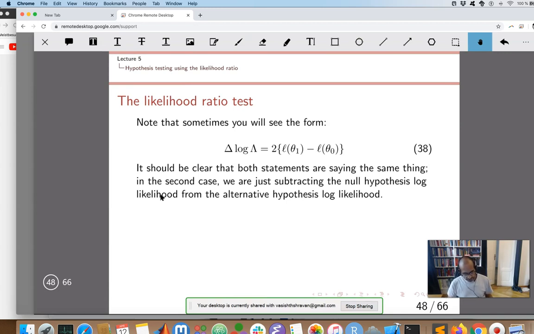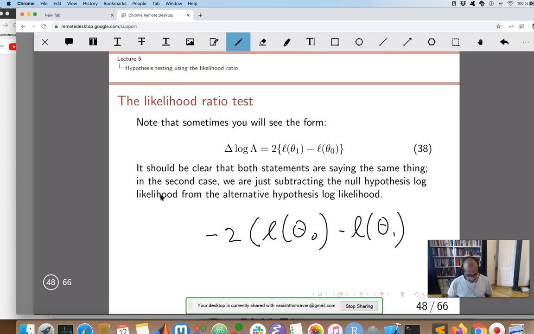So we have the likelihood ratio test now defined in terms of the log likelihood difference, right? And notice that instead of writing -2 times the log likelihood for theta 0 minus the log likelihood of theta 1, I could remove this negation sign by just saying 2 times the log likelihood of theta 1 minus the log likelihood of theta 0, right?